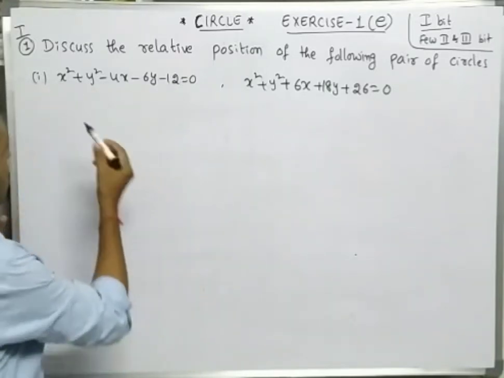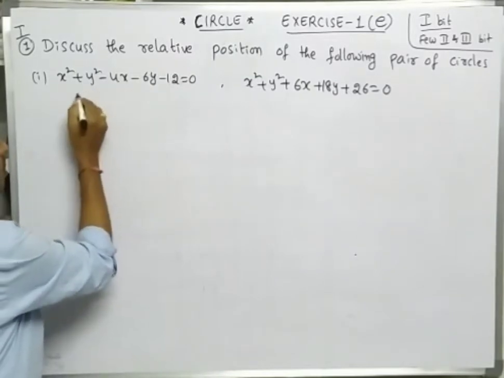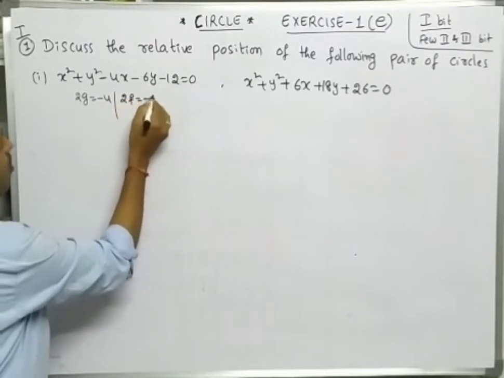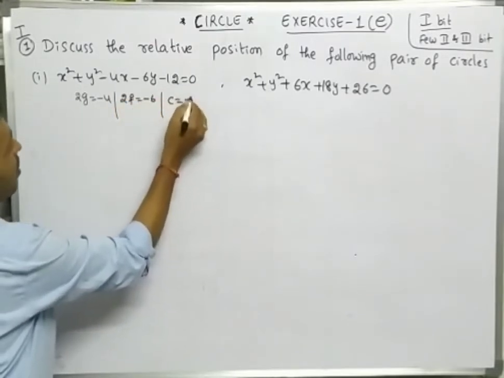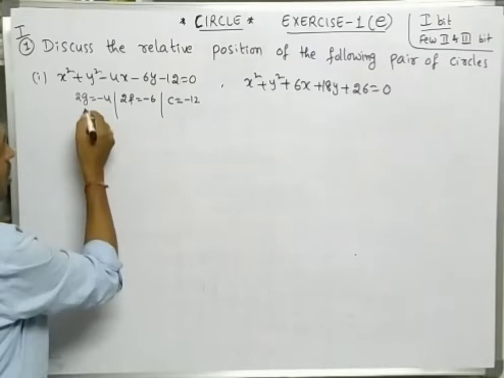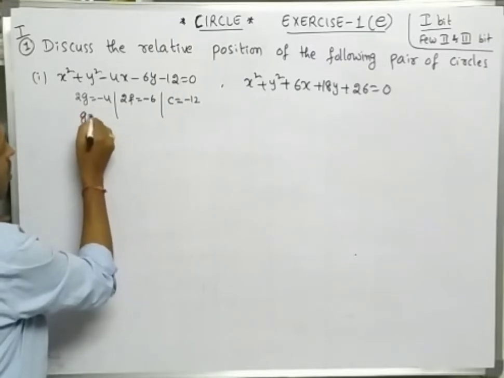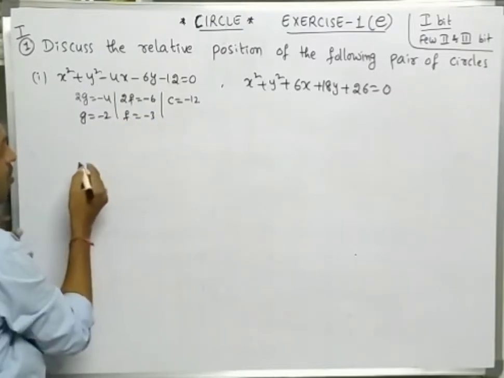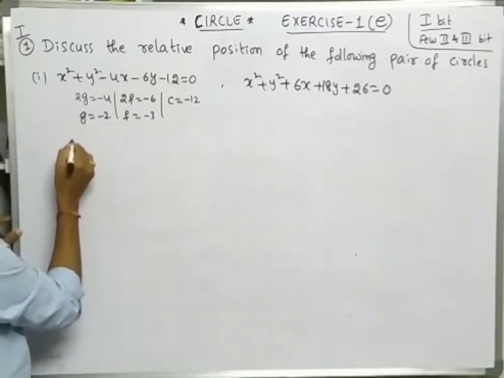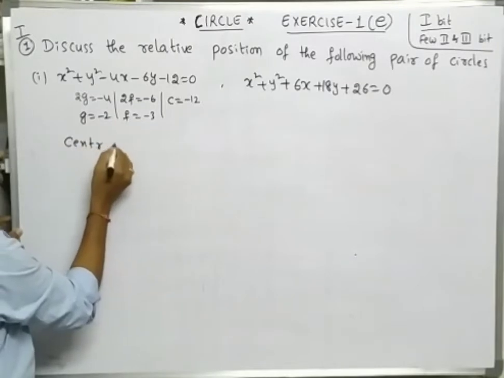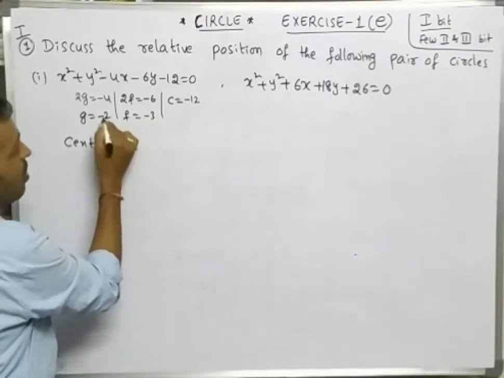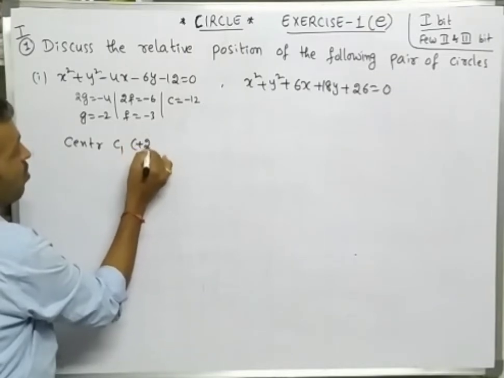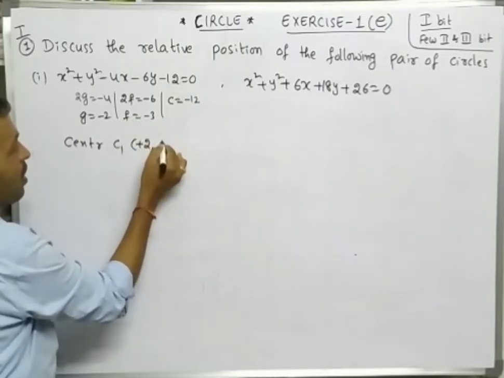First compare with the general equation. We get 2g is equal to minus 4, 2f is equal to minus 6, and c is equal to minus 12. So g is equal to minus 2, f is equal to minus 3, and c is equal to minus 12. The center c1 is minus g comma minus f, so minus g is 2, minus f is 3.